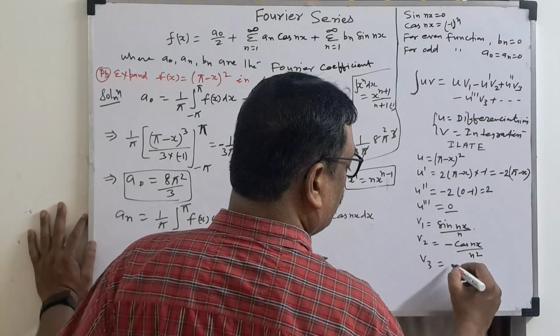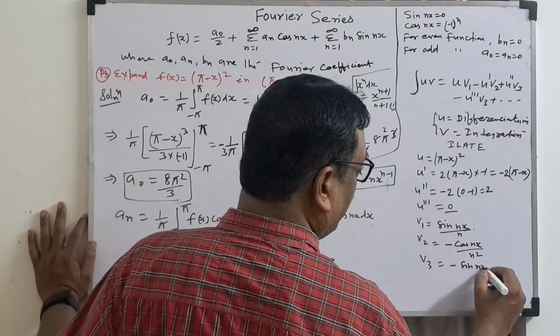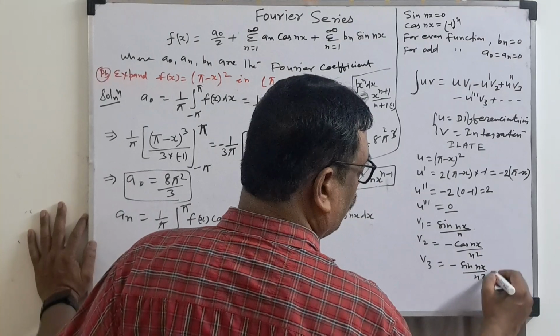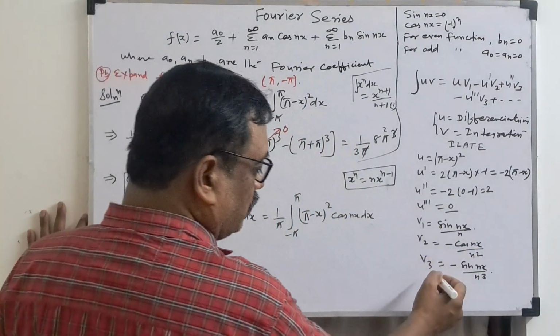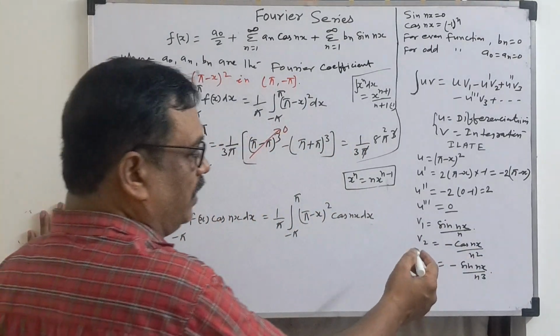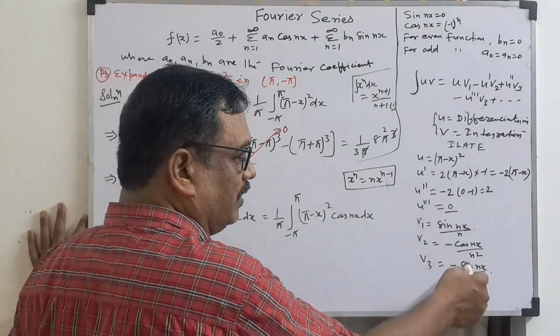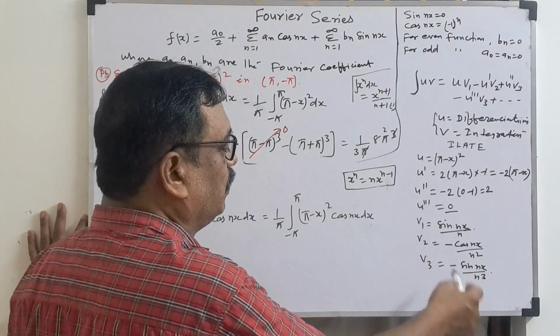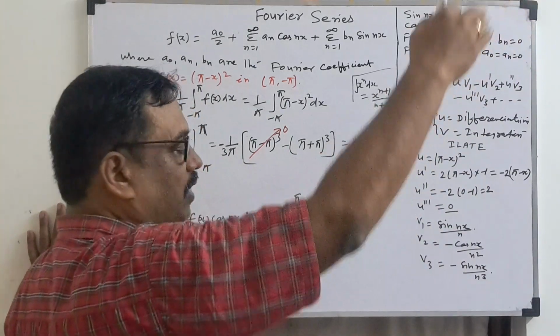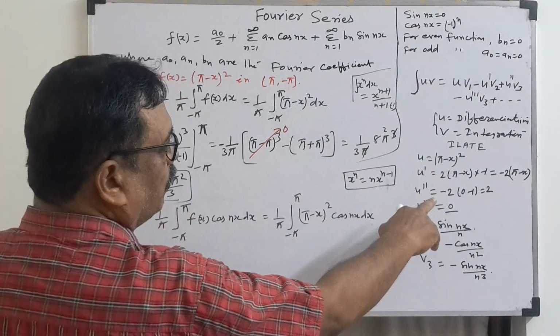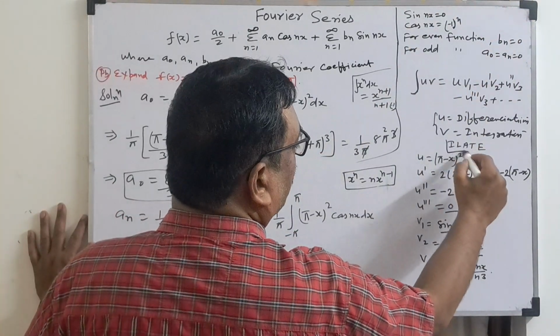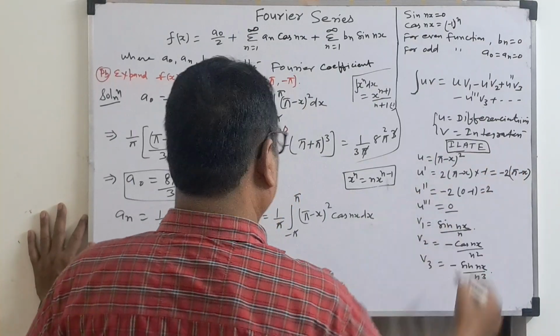Now v3 is equal to minus sine nx by n cube. This will come continuously. So what I told, if you take it wrongly as u, this never becomes 0, so it will go to infinity. So this formula is there: first algebraic, then trigonometric.